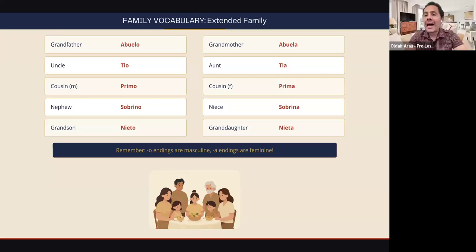That's cousin male, primo. And cousin female, prima. Nephew, sobrino. Niece, sobrina. Grandson, nieto. And granddaughter, nieta.